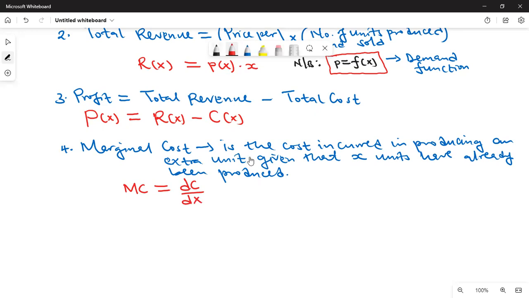Also, we have another one, which is marginal revenue. What is it?